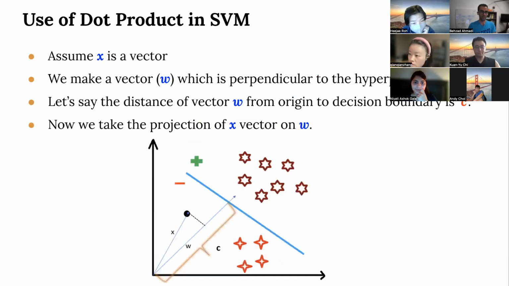So what you do is assume that X is a vector. Every point is a vector. Then you have this hyperplane, the blue hyperplane, and you find a vector W that is perpendicular to the plane. W goes from the origin to the plane, and it's perpendicular to the hyperplane.